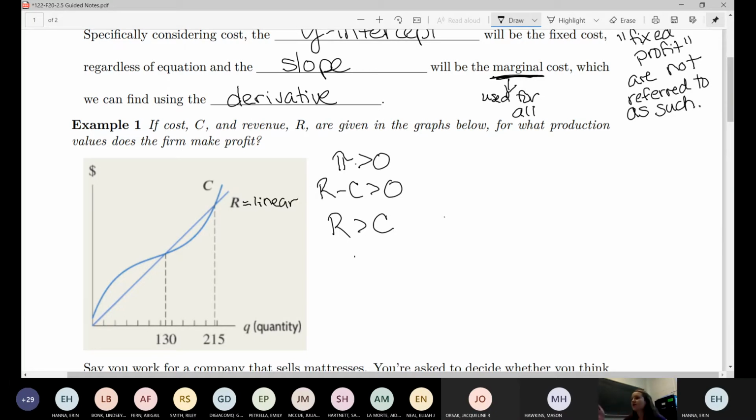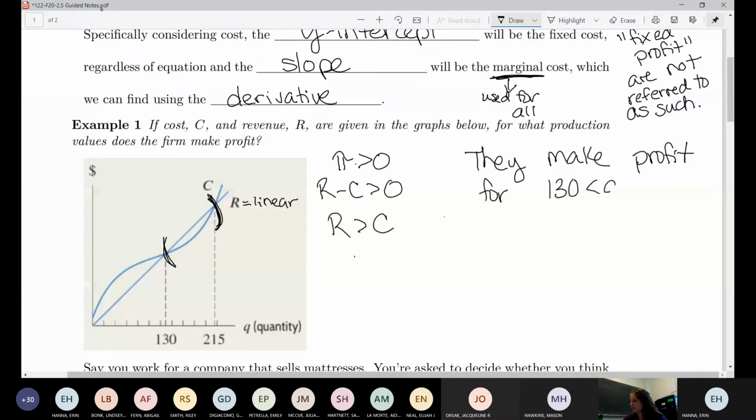So where on this graph does that linear line have a higher y value than the curvy one? Kind of in this middle section right here, and they very nicely tell us what numbers those are. So I would say they make profit, and I'm going to list it as an interval.